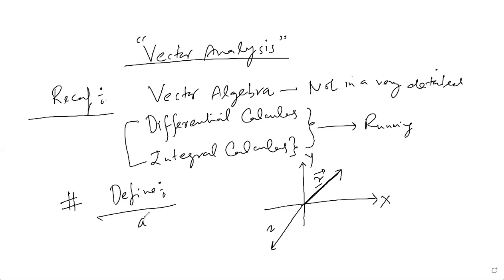Number A was basically your translational operations, and number B, I would say, was basically your rotational operations. And we have seen the peculiarity about it.